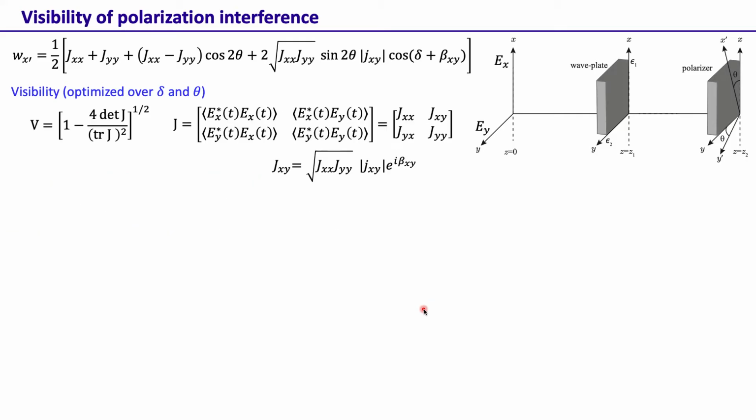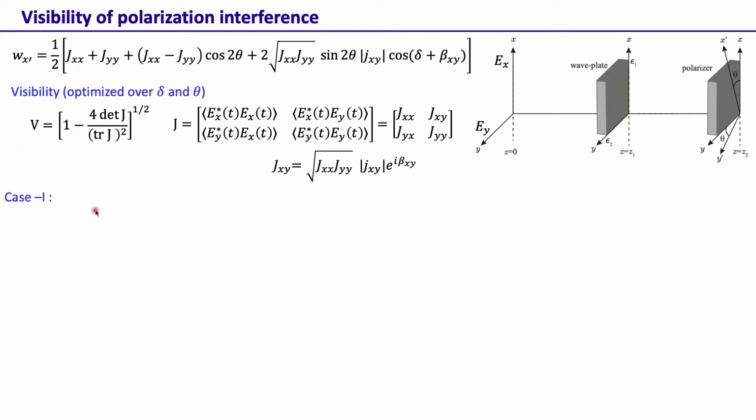Okay, so now that we have this visibility that is optimized over delta and theta, and this is the expression for that, let's look at the different extreme cases of this visibility.